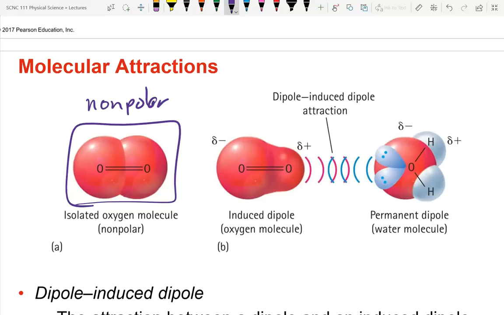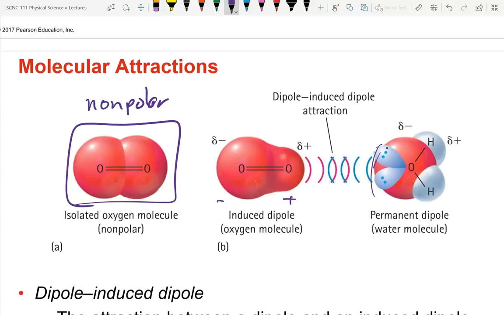You bring it close to something that is polar, there's the water molecule, and these negative charges on the water molecule are going to push away the negative charge. So now you have an induced dipole for the oxygen molecule. Because of that induced dipole, the part that's closer is positive, positive is close to negative, that's attractive, and now you have a weak attraction between the induced dipole of the oxygen molecule and the permanent dipole of the water molecule.